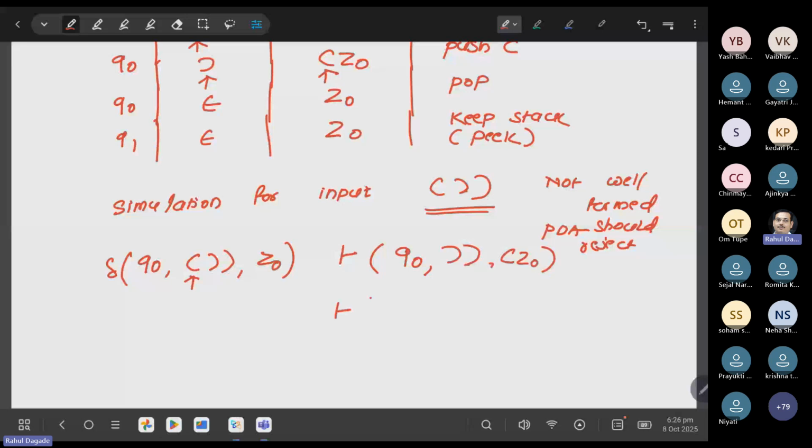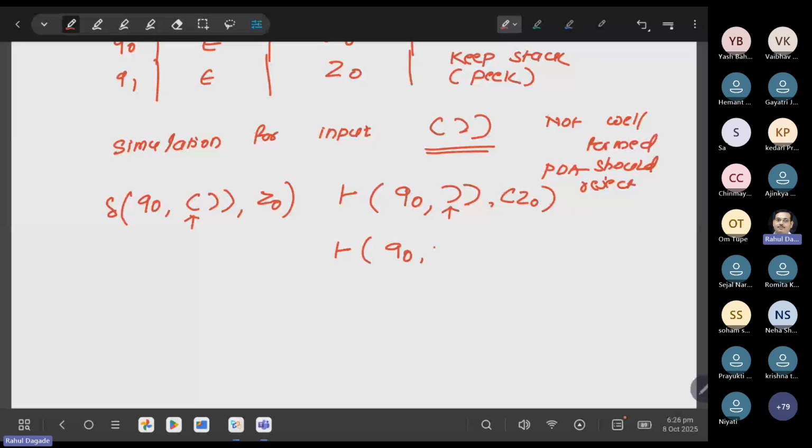Now again in q0, it is a closing parenthesis. This is consumed, so the remaining input is this, and the stack is popped, so it is z0.